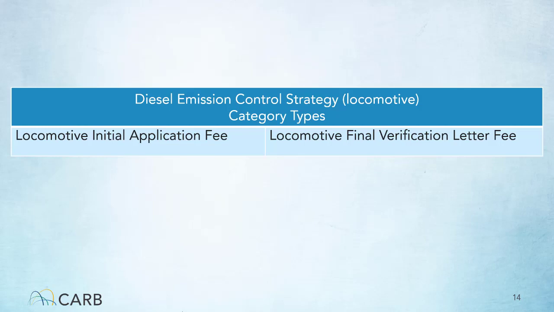For diesel emission control strategy locomotive, as mentioned earlier, we have two different category types, including locomotive initial application fee and locomotive final verification letter fee. In the next slides, I'm going to define each of the diesel emission control strategy locomotive category types.